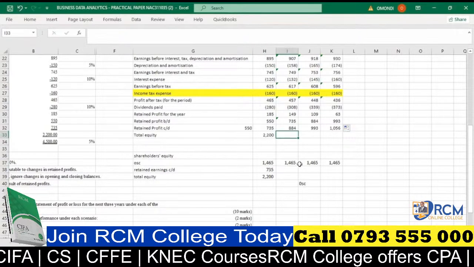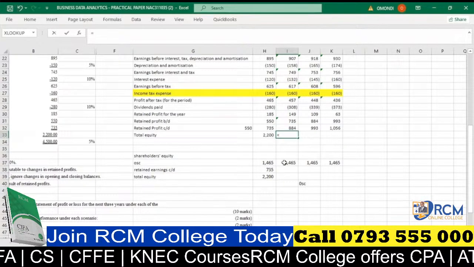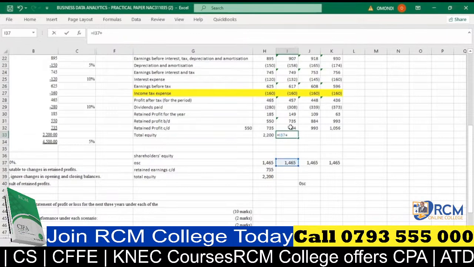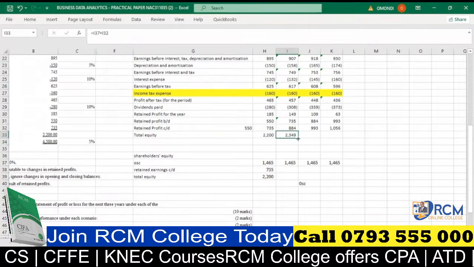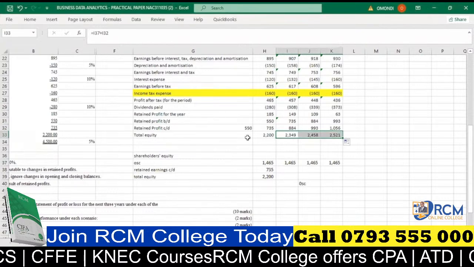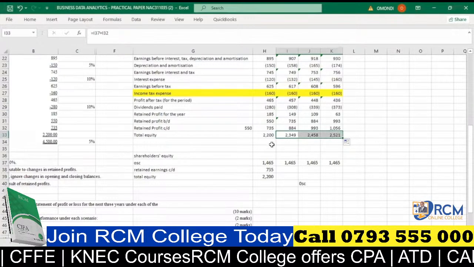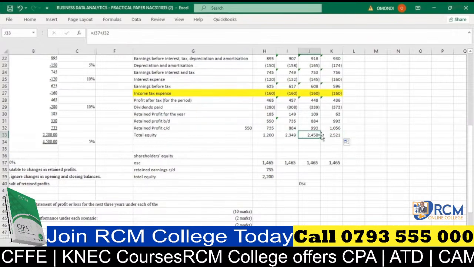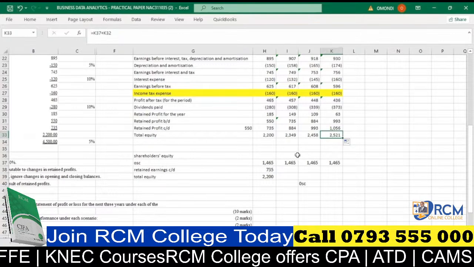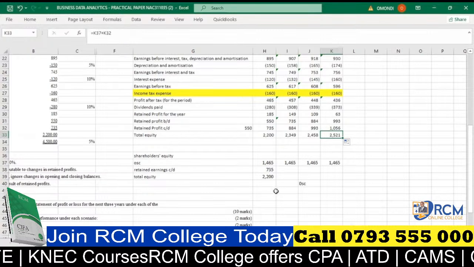So tutakuja hapa tuseme it is this value plus the retained earnings carried down. Tukifanya hivyo, we will be able to get our total equity for the 4 years. So you can see the total equity has changed, but not due to changes in ordinary share capital. No, it is due to changes in retained earnings that examiner talked about.